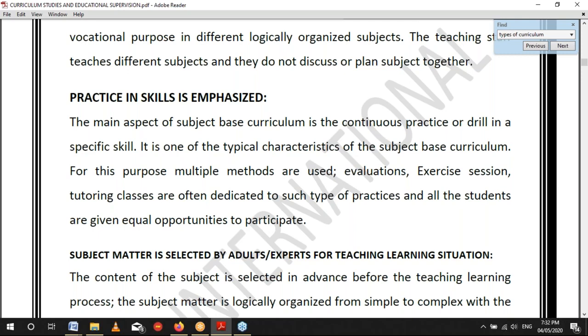Teachers employ different methods: evaluation, exercise sessions, tutoring classes to ensure that all students participate actively in the subject. So it involves different methods, evaluation, which can be tests, examinations, different exercises, organizing tutorial classes, extra moral classes to ensure that everyone participates actively.